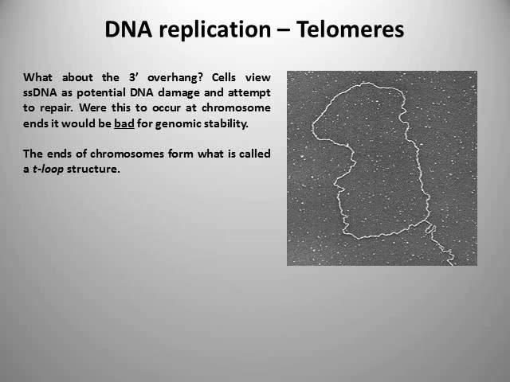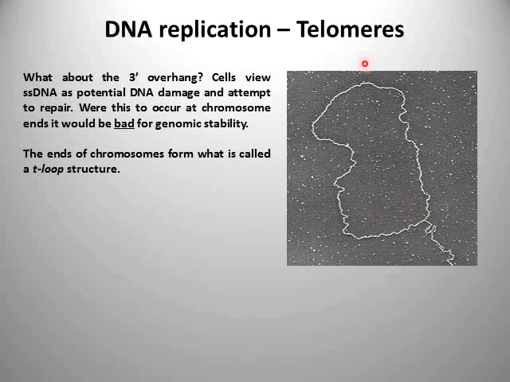But what about the 3' overhang itself then? We've already talked about the fact that the DNA damage monitoring mechanisms don't like single-stranded DNA, but effectively you've got a single-stranded piece of DNA at the end of every chromosome. How is that dealt with? Well, it's dealt with, people think, by the chromosome forming what are called T-loop structures.